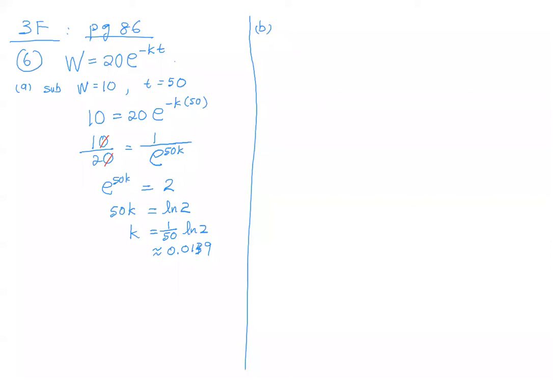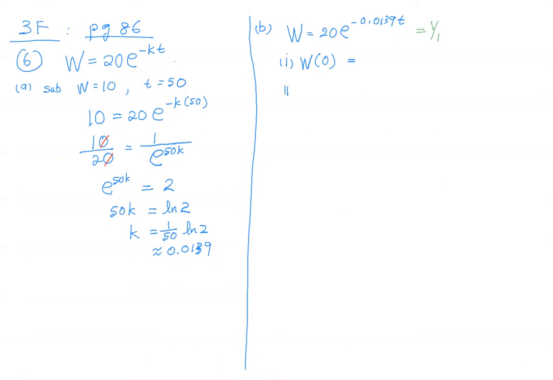So you can write the equation as W equals 20 e to the power of negative 0.0139t. You can key this into your calculator, put this into your GC Y1. Then only you start to do part 1, part 2, part 3. The initial, that means W0. Use your GC and get the answer.